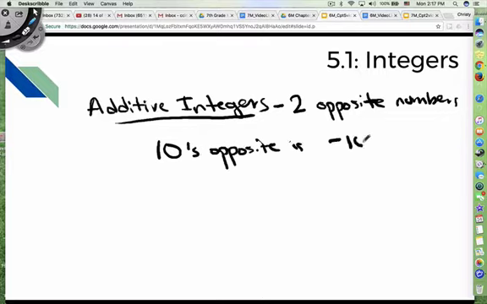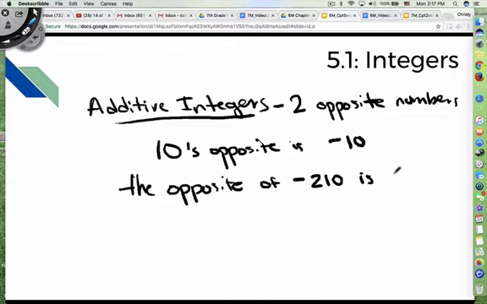How are we going to get this 10 back to 0? If I have 10 apples, I have to eat 10 apples, and then I have no apples left. So the opposite of negative 10 is positive 10. What about the additive integer of 0? It is 0. Something I'm sure you'll be asked at some point.